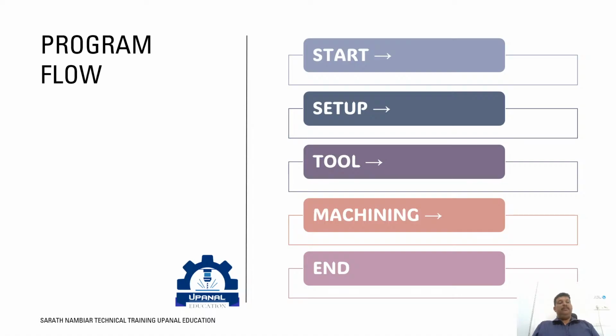Then the machine is prepared, that is, the setup is done. Then the tool is selected. Then the machining happens. And finally, the program ends. It's like a story: beginning, preparation, action, ending. Once you understand this flow, you can read any CNC program with confidence.